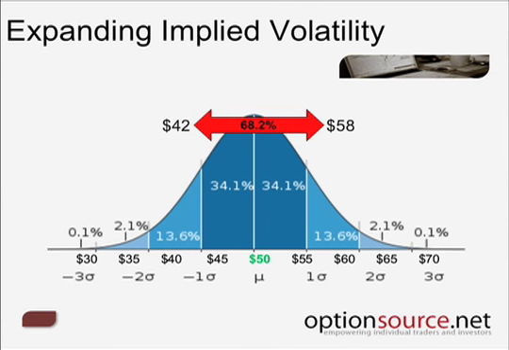So where those contracts may at one point have been trading at 20 cents under the previous implied volatility, as implied volatility expands, those option contracts will be adjusted to reflect the probability of the underlying moving into that range, and the price will again increase.